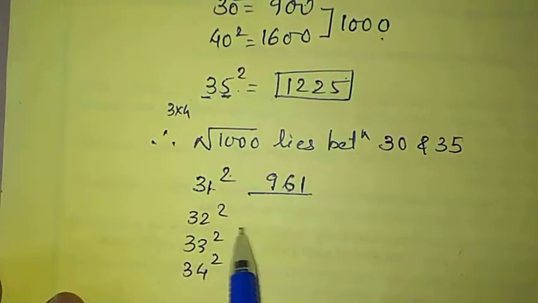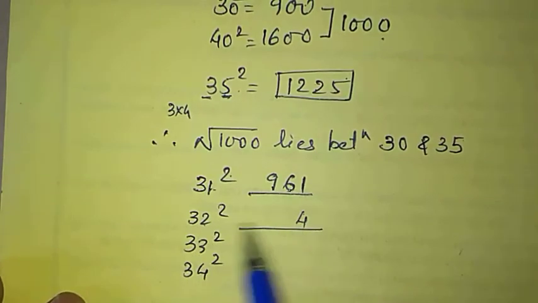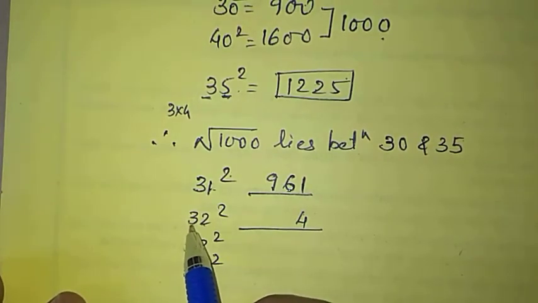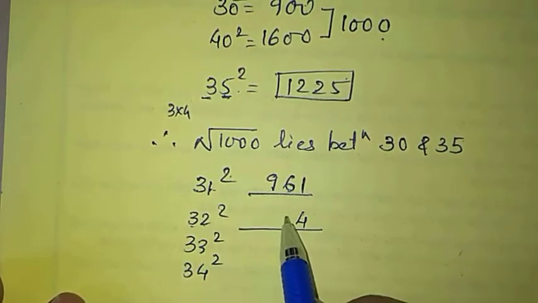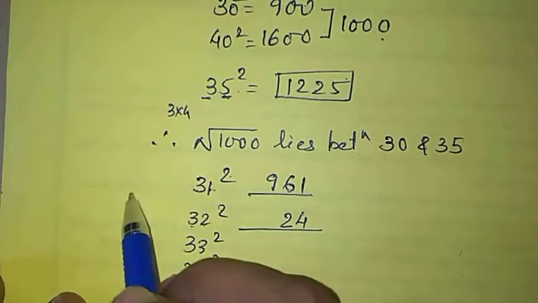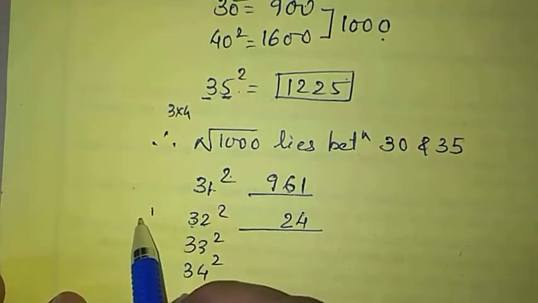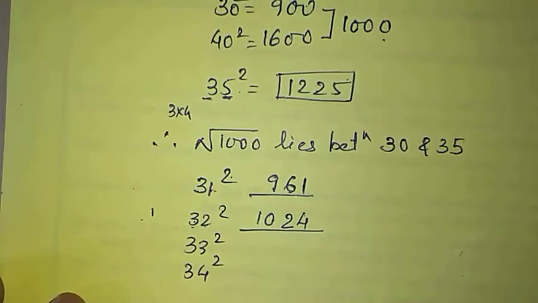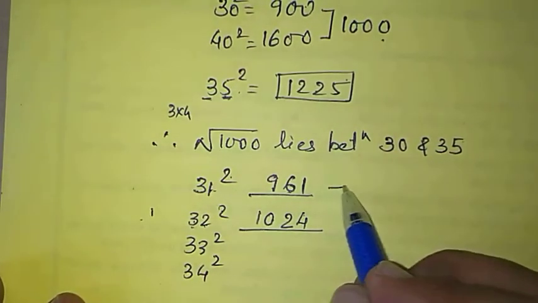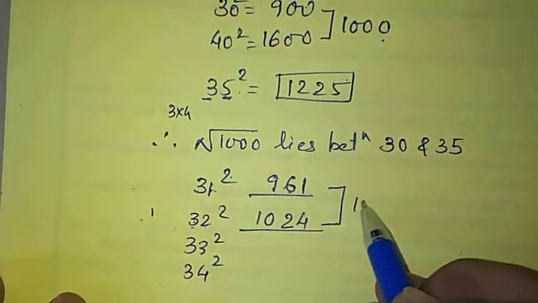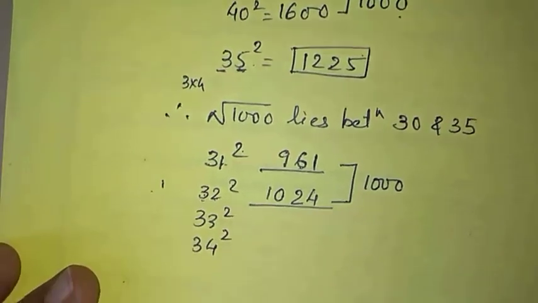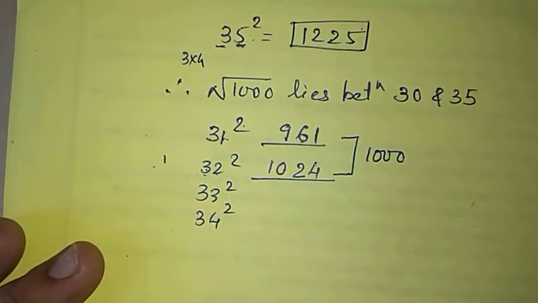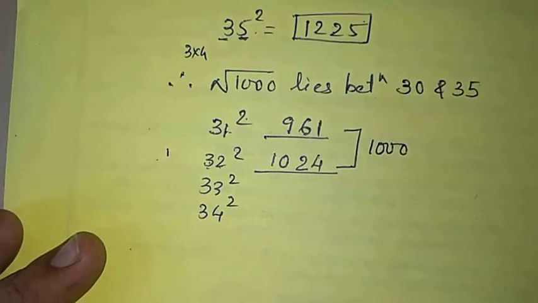Now let us check 32. 2 2 is 4. Now 3 2s are 6, 6 2s are 12, so 2 and carry over 1. Then 3 3s are 9 plus 1 is 10. So 1024. From here we get an idea that 1000 comes between 31 square and 32 square.